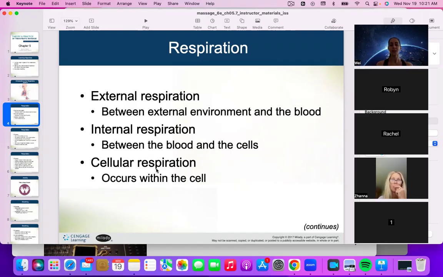Then we have cellular respiration, which happens inside the cell on a cellular level. So this is the smallest mechanism here. We have external environment to the blood, then internal is from the blood to the cell, and then we have things happening on a cellular level.